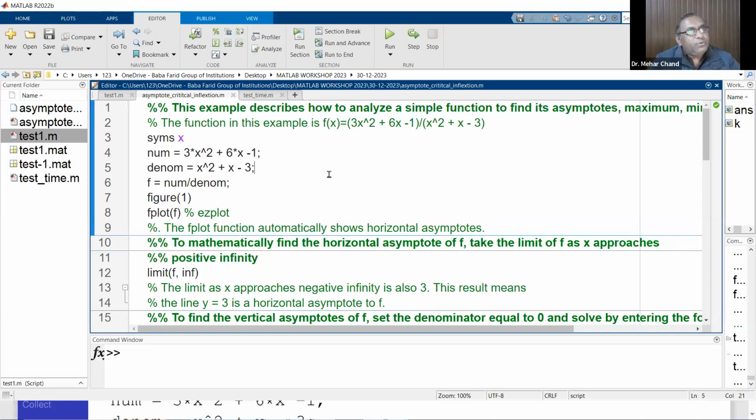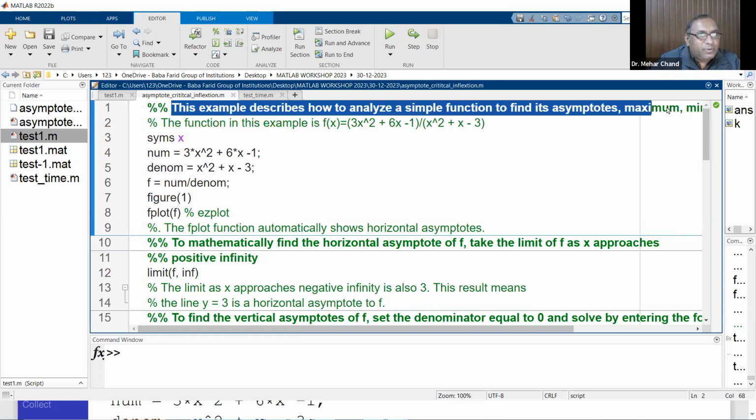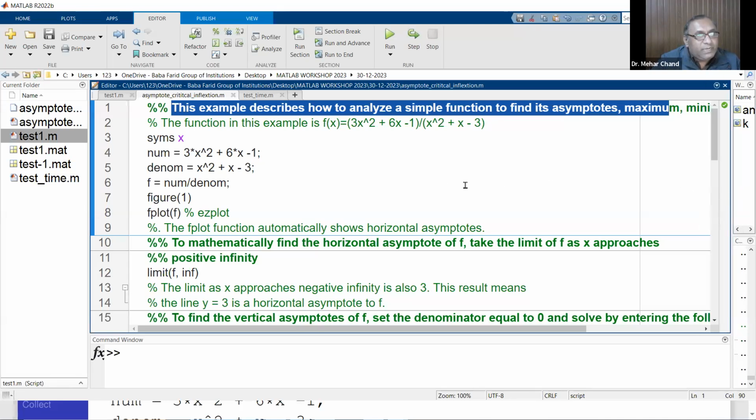So how can you divide the script into slices? You just need a double percentage, and at this place you put the statement describing what this section will define. In this section I try to define the statement which you can see here.